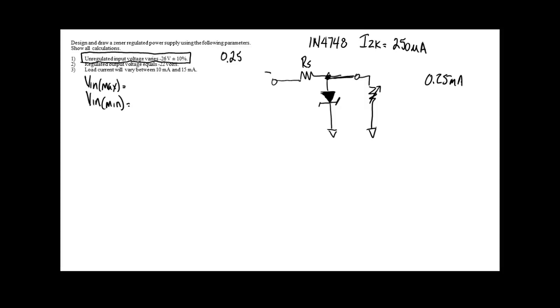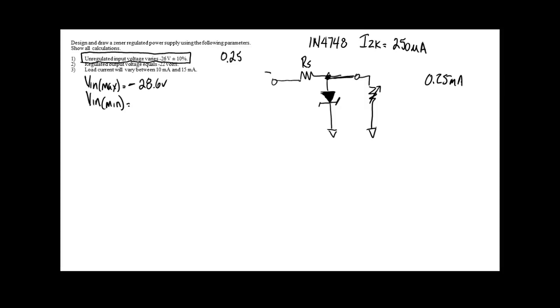So what would be my maximum input voltage that the zener would see? Since this is negative, we're talking about a maximum negative. Yeah, but not just 28, a minus 28.6 volts. Is everybody okay on how to do that?